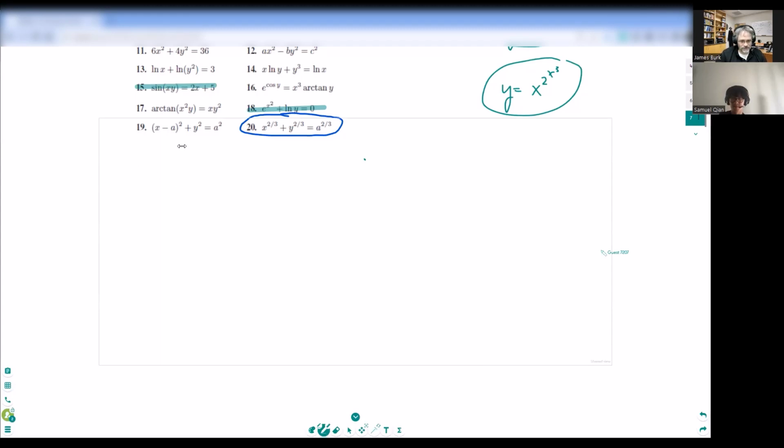Now, Samuel, can you take number 20 here and find me y prime? Okay, hold on. I'm just going to use the annotate. I don't know if you can see it.